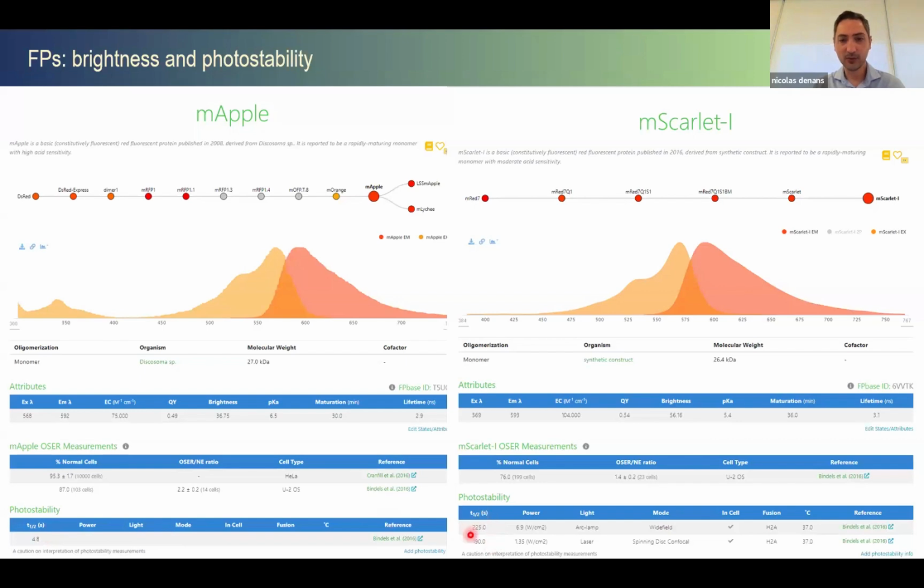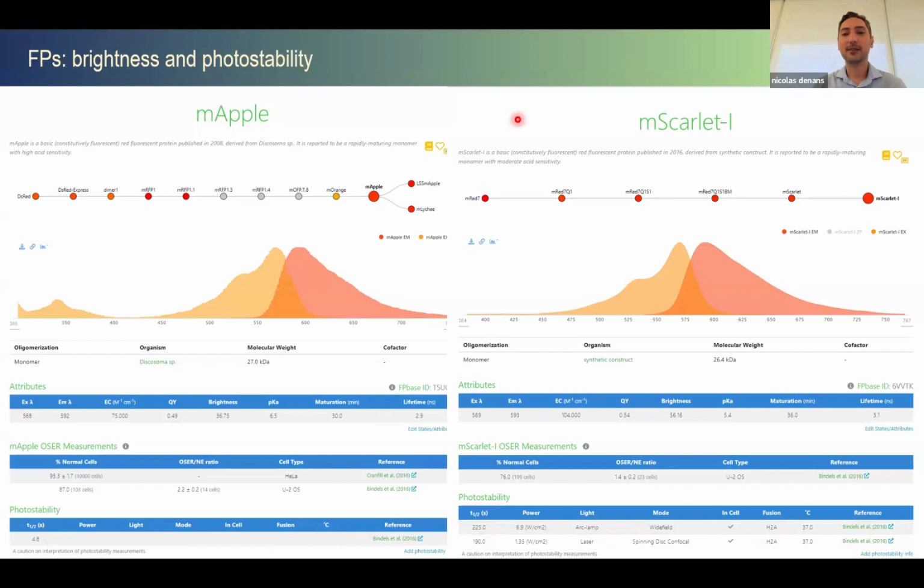And here we have 225 and 190, which suggests that mScarlet is a lot more photostable than mApple. Well, that is not true. This is due to the fact that the tests made for mApple and mScarlet are completely different, and these are the references of the papers. In my hands, I can tell you mApple is a lot more photostable than mScarlet.